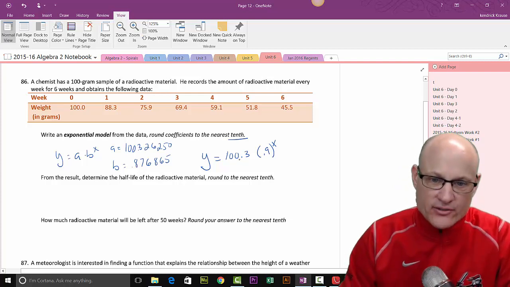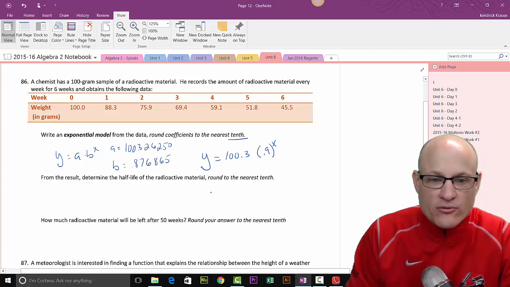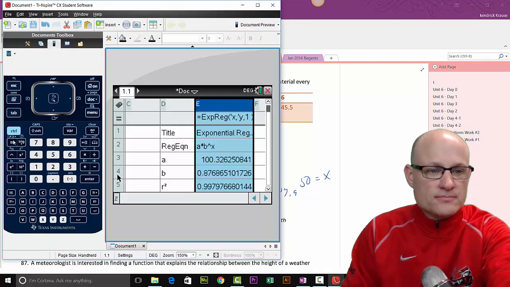So really what that is, we want to know when this is going to be equal to 50. So 50 is equal to 100 times 0.9 to the x. So log base 0.9 of 50 is equal to x.